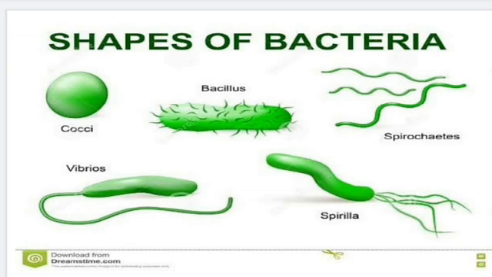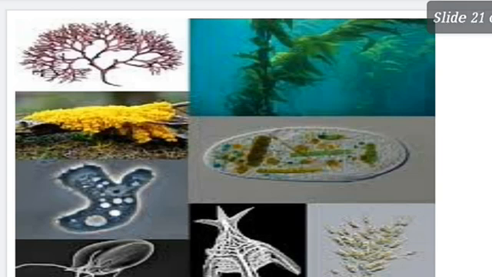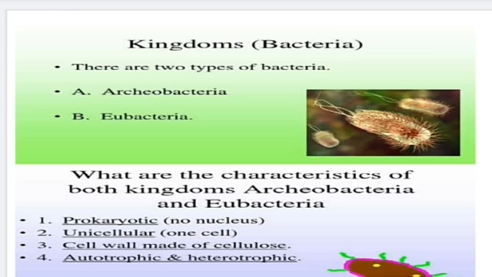Bacteria occur in various shapes: coccus, the spherical shape; bacillus, the rod shape; vibrio, the comma shape; and spirilla, the spiral shape. Monera can be classified into two groups, that is Archaebacteria and Eubacteria.